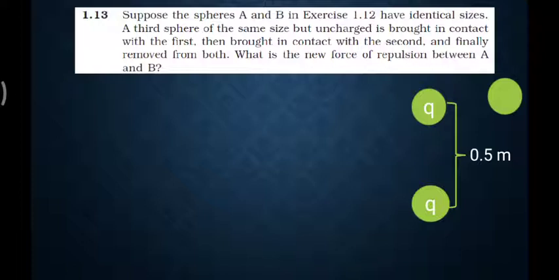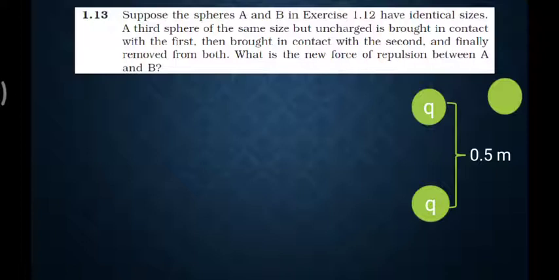So a charge transfer happens. If Q is present on it, then after the contact and after losing the contact, they both now have Q by 2, they get half. So there will be a reduction in the charge of the system. So it will be Q by 2.